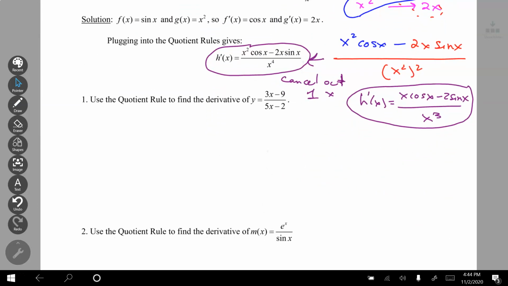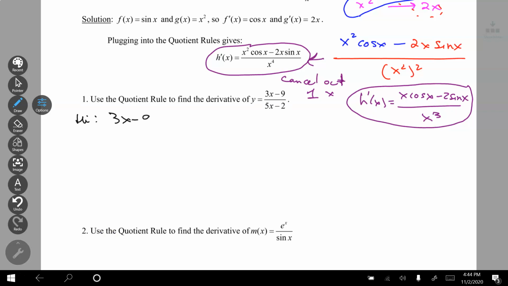Another example. Well, what I should do, here's my high function of 3x minus 9, parentheses. Not seeing enough parentheses. Its derivative is 3. My low function is 5x minus 2. That derivative is 5.